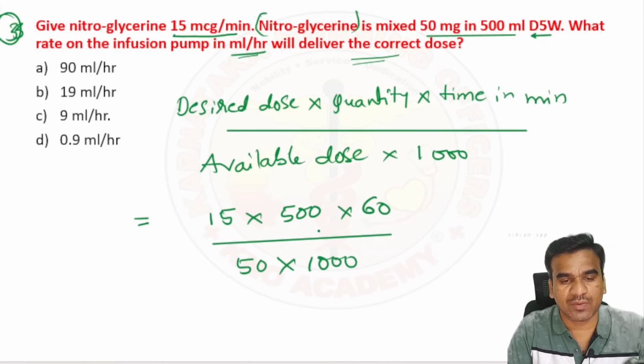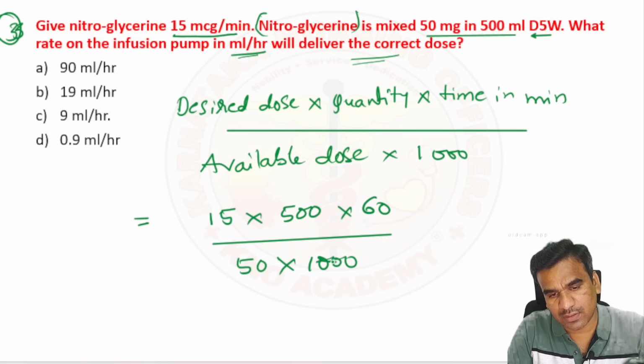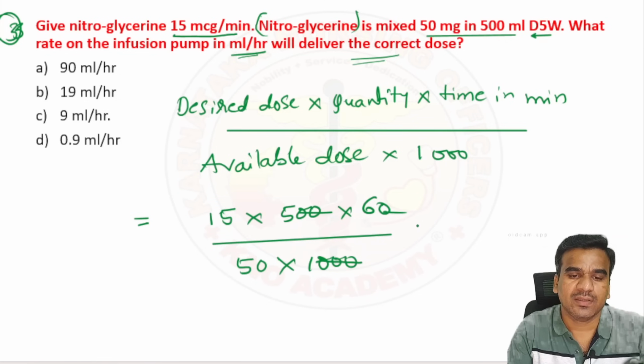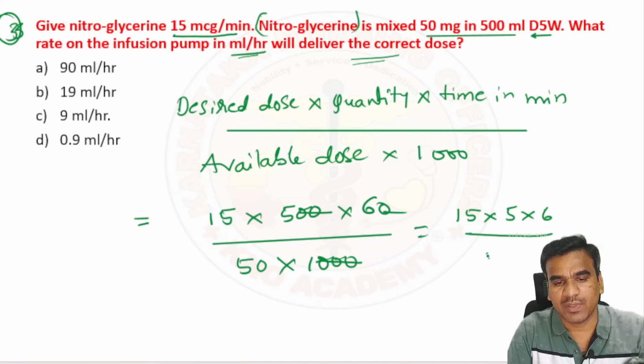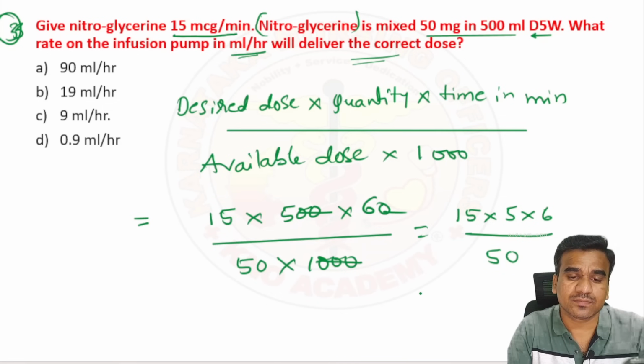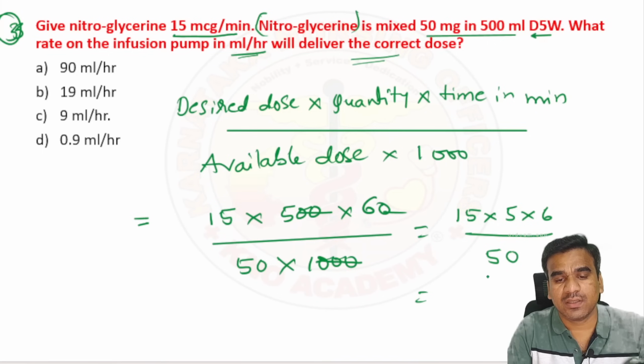Cancelling the three zeros, we get 15 into 5 into 6 divided by 50, which is 15 into 30 divided by 50, equal to 450 divided by 50.